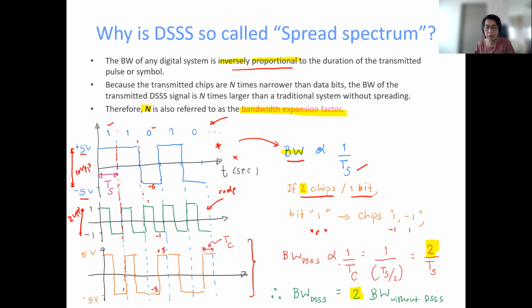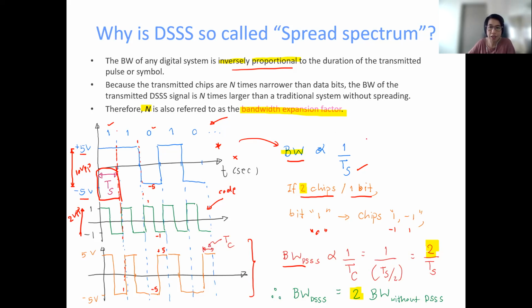Then if you take a look, the bandwidth of the direct sequence is inversely proportional to the time duration of the chip. And the time duration of the chip, Tc, equals Ts over 2, right?